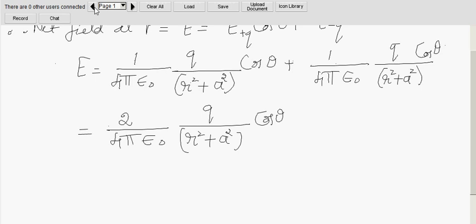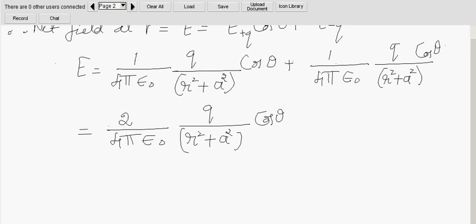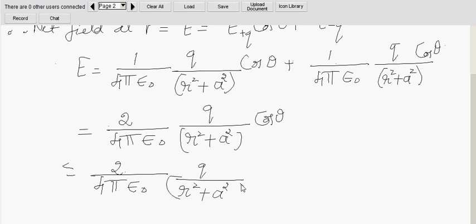Now substitute for cos theta. From the figure, cos theta is a divided by the square root of r square plus a square. Substitute and then simplify: q divided by r square plus a square into a divided by the square root of r square plus a square.